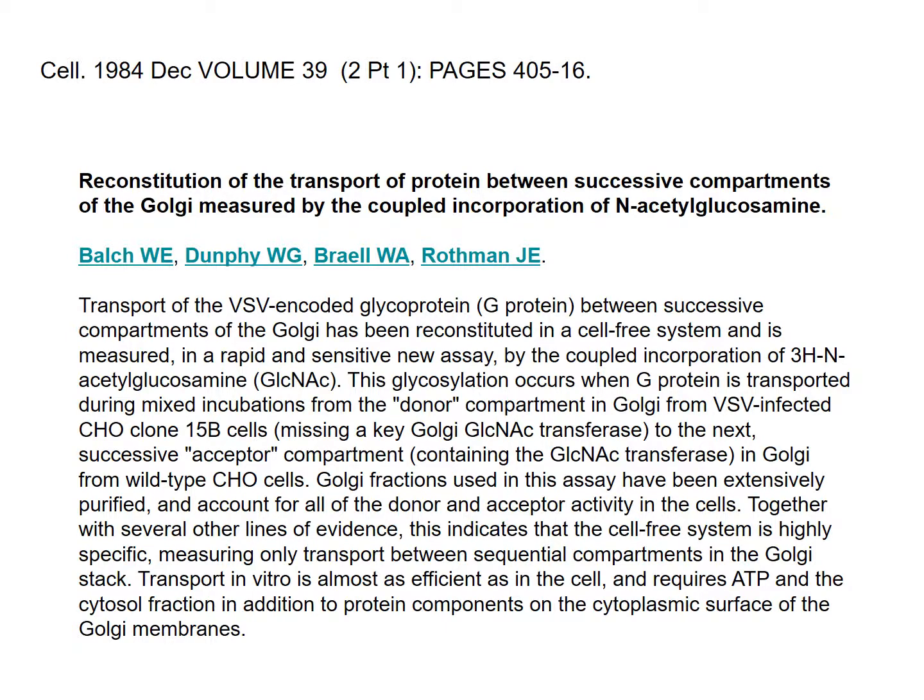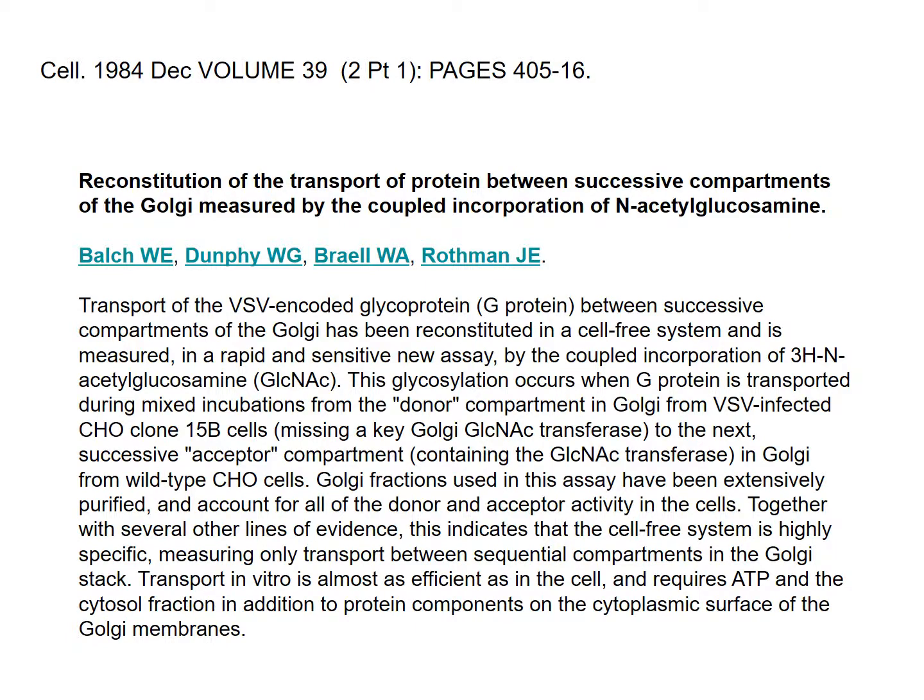And what was interesting was they were able, because we already knew there was a virus called vesicular stomatitis virus. It's a cousin of the herpes virus, and it has a protein that has carbohydrates in it. It's called the G protein, glycoprotein.